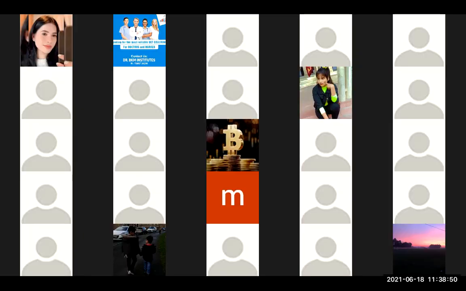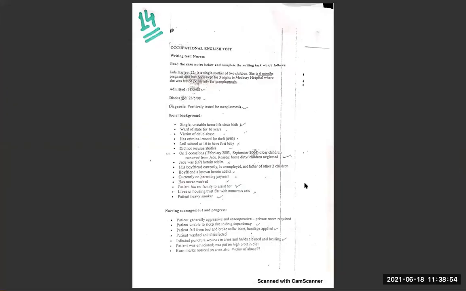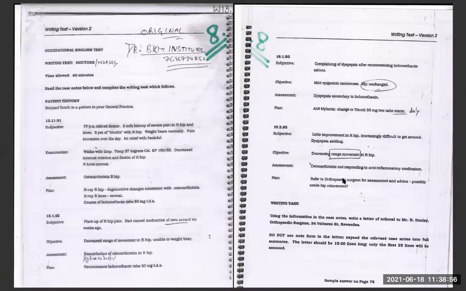So in this letter it is very important to tell about the hip replacement, because the patient might majorly require hip replacement. So it says orthopedic surgeon possibly needs hip replacement, so this thing should also be there.